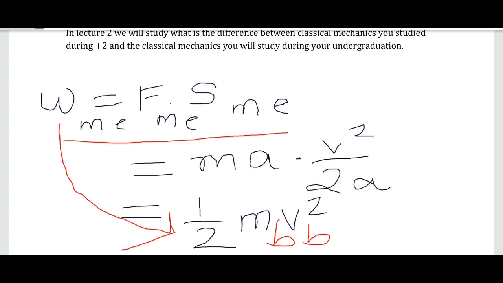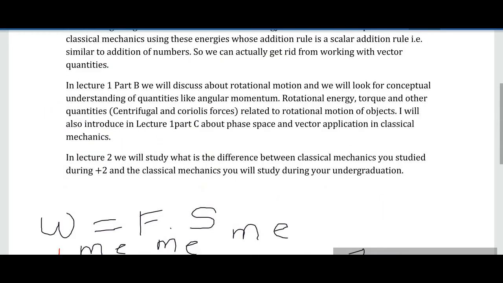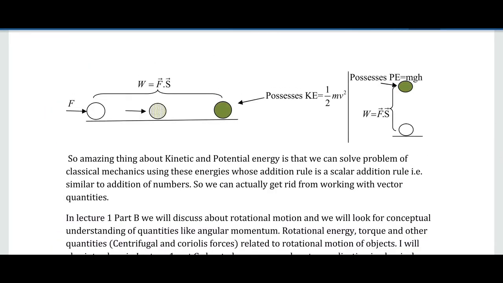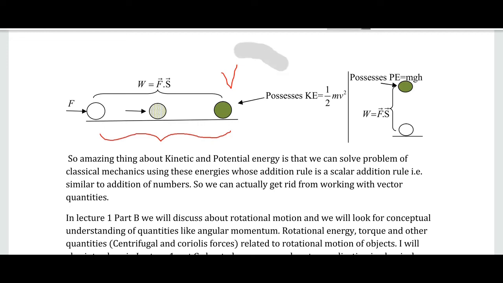So when I say final velocity, it means the velocity that the ball achieves here, because the force acts till distance s, and till s there is an acceleration, and after s there is no acceleration. So here the ball will achieve a final velocity which is v.